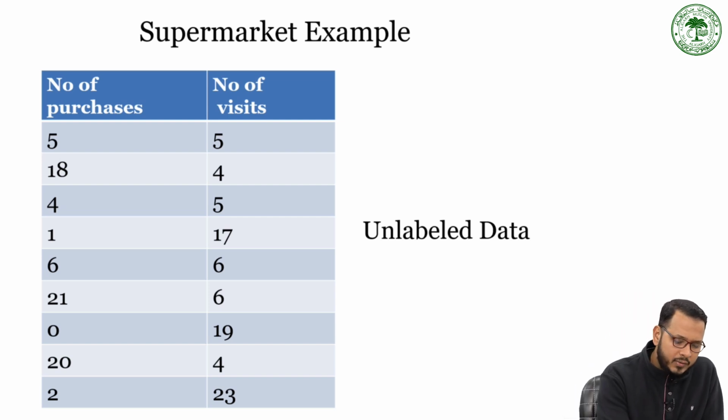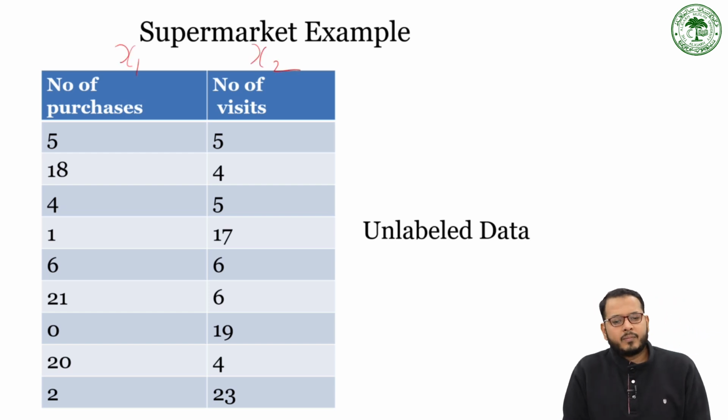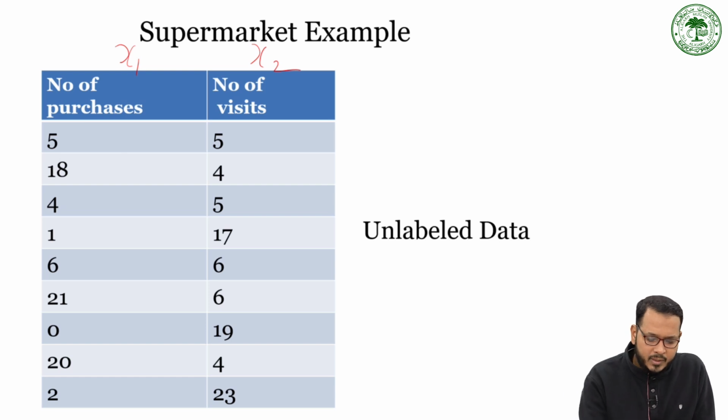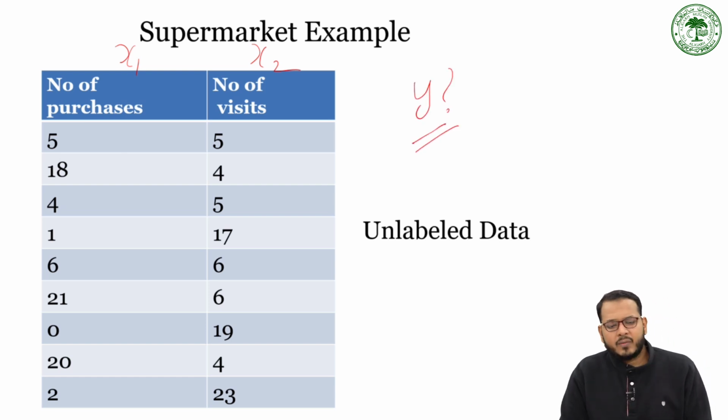So here usually we have who visited, and in how many visits. This data is more practical. Now if you look here, we have x1, we have x2, but we do not have any y. As I told you earlier, usually y values or the classification label is assigned manually.